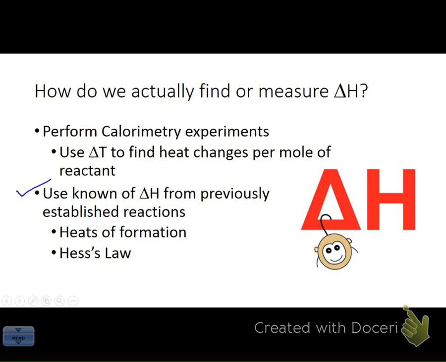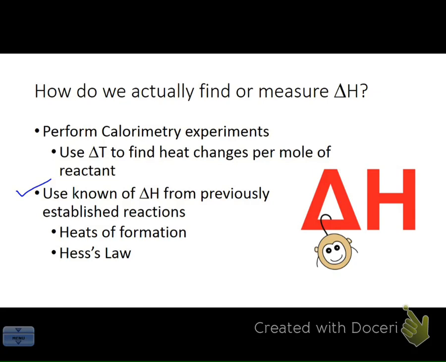We can use delta H of previously established reactions. These reactions may be some that were done before very carefully and have been stored in some sort of table, or they could be reactions that are based on formations of different elements. A couple different ways we can do this is using heats of formation.